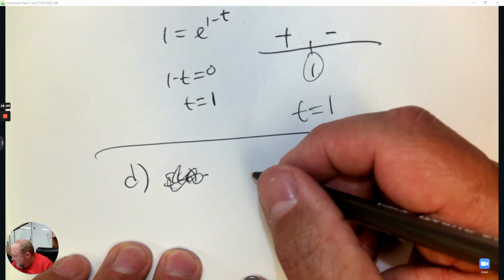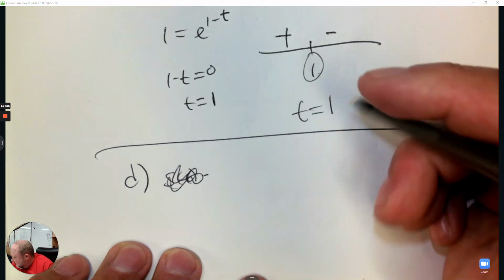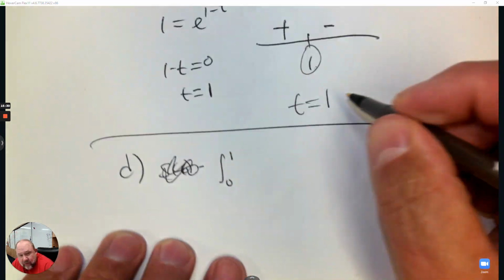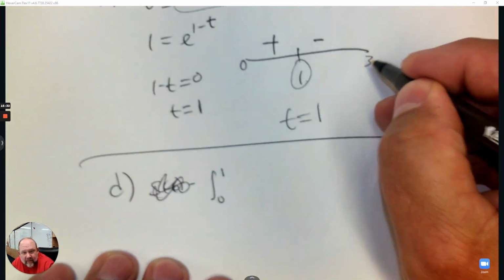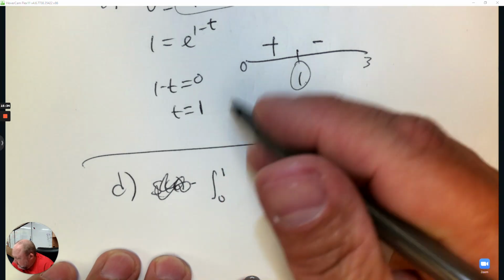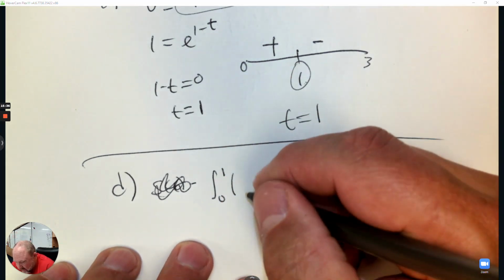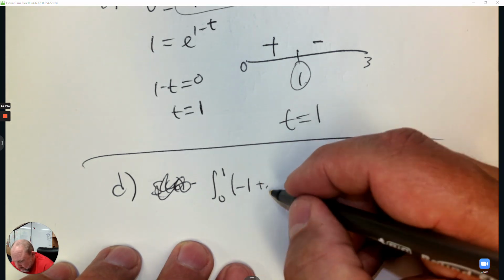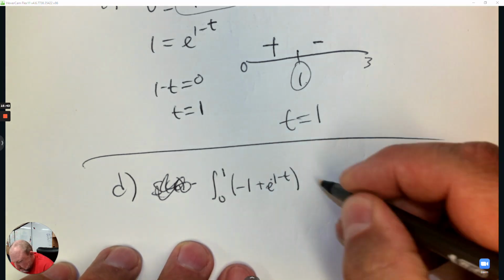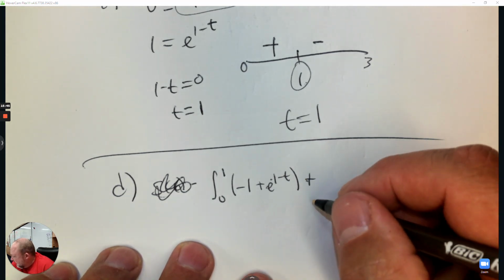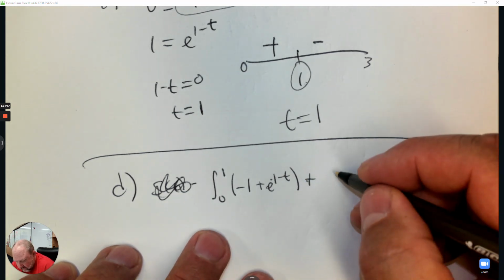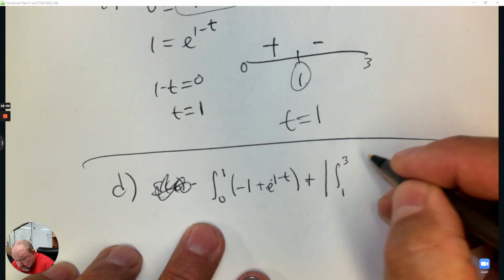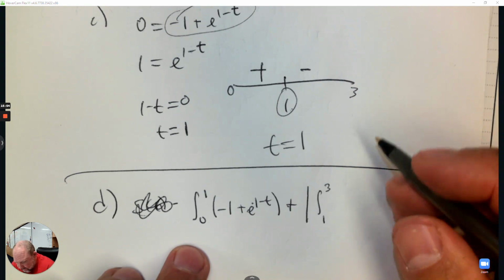So I need to integrate from 0 to 1, so it goes from 0 to 3. So I'm going to integrate the velocity. And then add the integration, and it's the absolute value of this, from 1 to 3, because it'll be a negative answer because it's going the other direction.